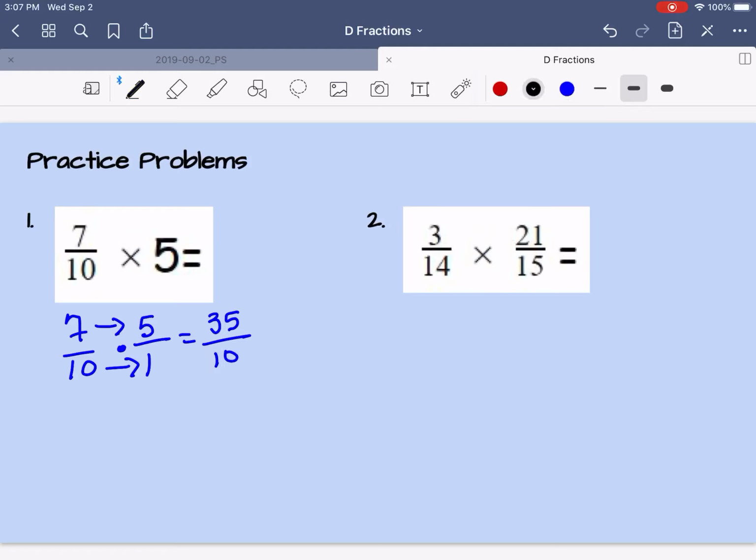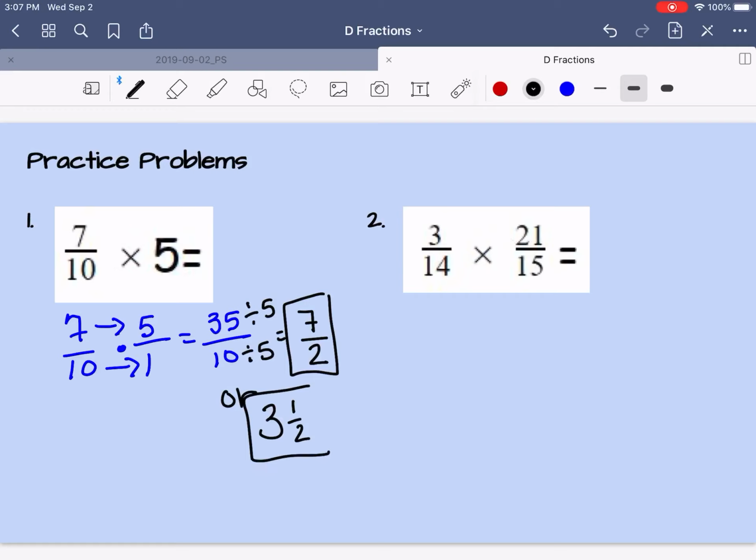Now, taking a look at this, 35 and 10, I can divide both of those by 5, giving me 7 over 2. Hey, don't forget, you can leave it in its improper form if it's reduced, or you can turn it into its mixed number form. Either answer will be counted as correct.